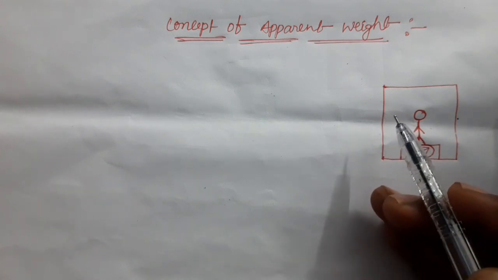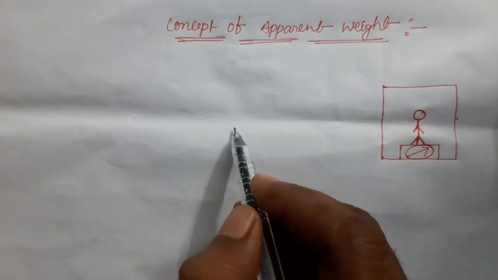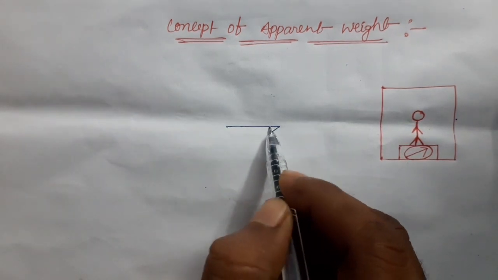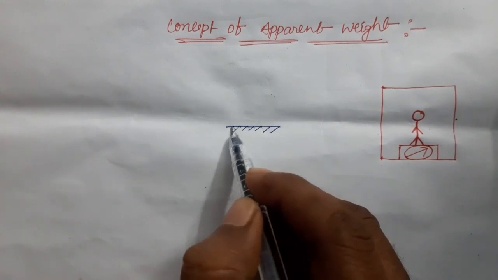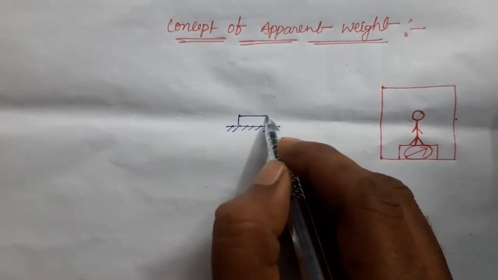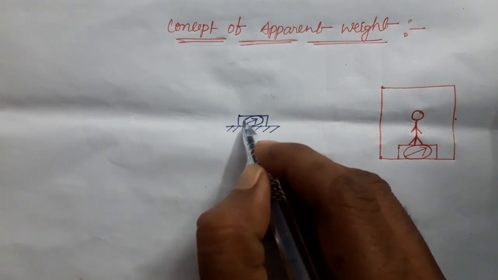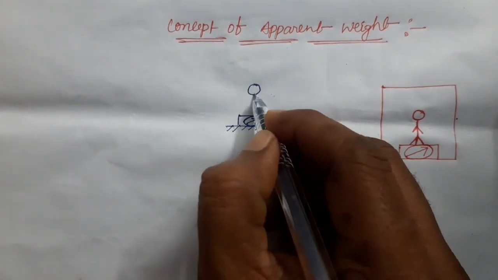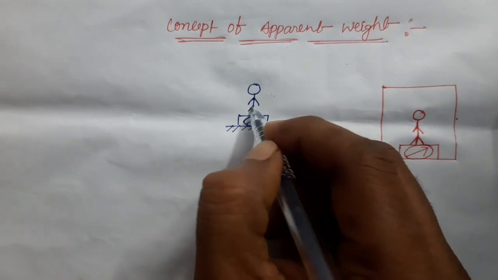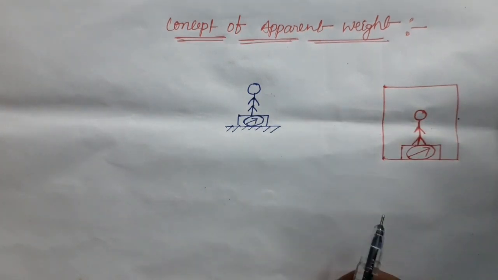Before going to it, consider a person standing on the weighing machine which is placed on the surface of the earth. Here, the reading of the weighing machine shows the true weight, students.